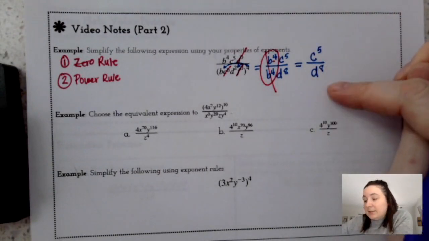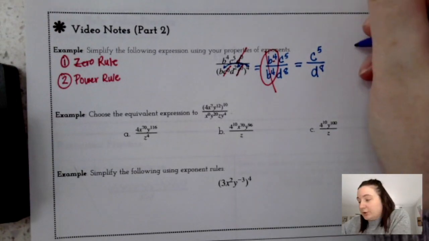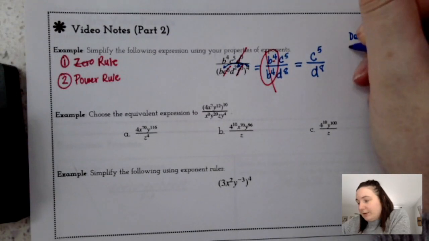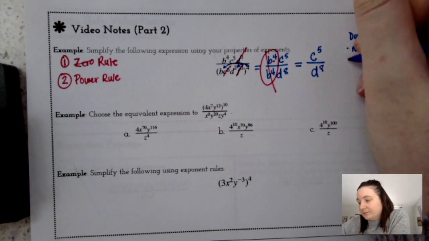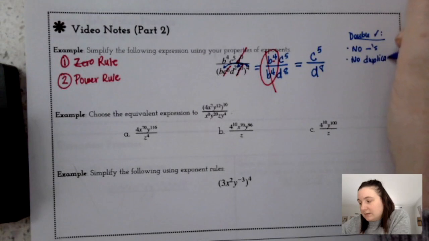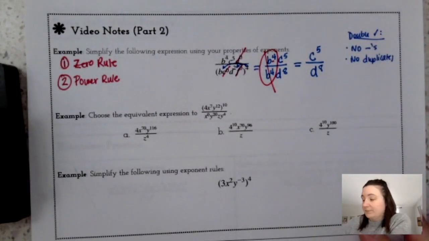And then I just want to double check when I think I'm done if I'm actually done. So the things you want to double check, you might want to make a little list. Double check that you have no negatives, no duplicates. So that means like C should only be there once.